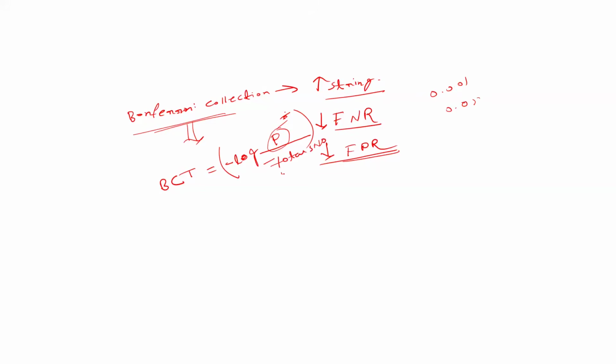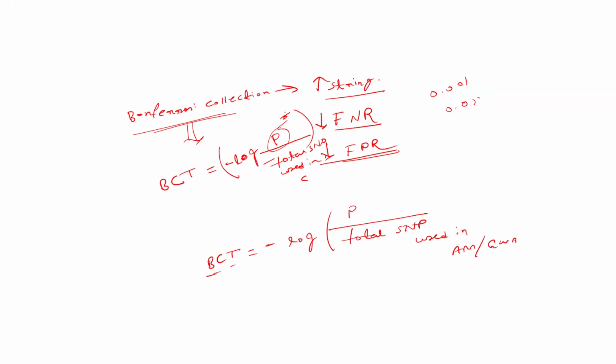Here it is the total number of SNPs used in the GWAS. The Bonferroni corrected threshold value is negative log of p, where the p value is 0.05 or 0.001, divided by the total number of SNPs used in association mapping or GWAS.